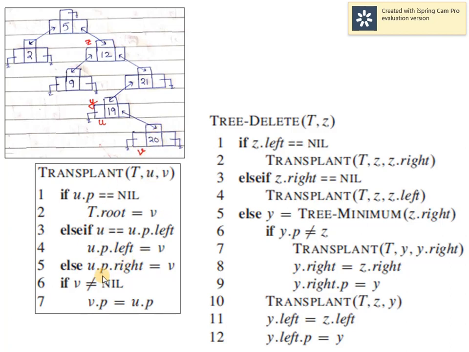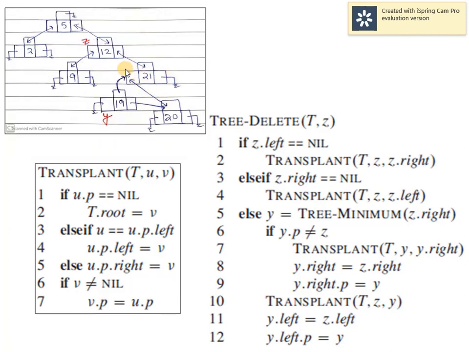After the execution of this process, what will happen? 21 and 20 get linked to each other directly, so this will be the structure. After this transplant, y.right equals z.right. That means the right pointer of 19 will start pointing to 21, and y.right.parent will point to y.